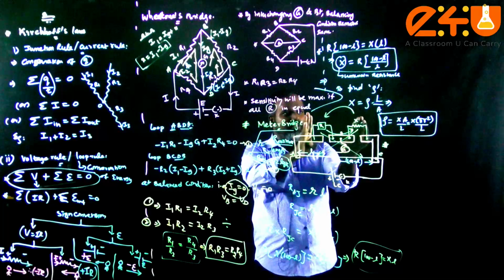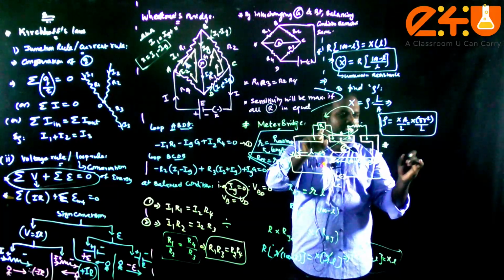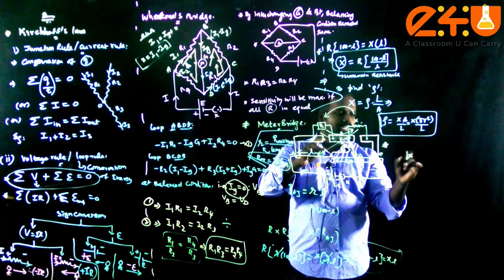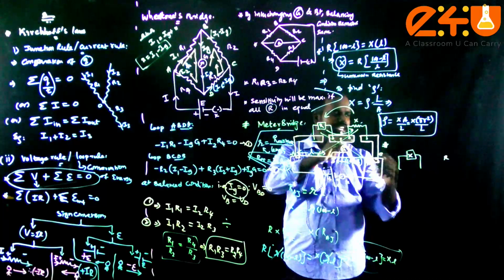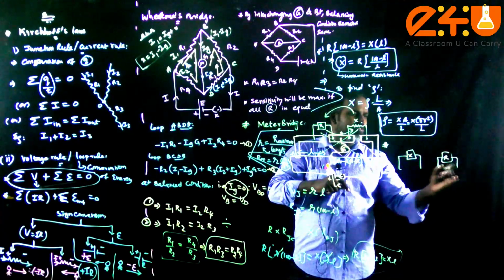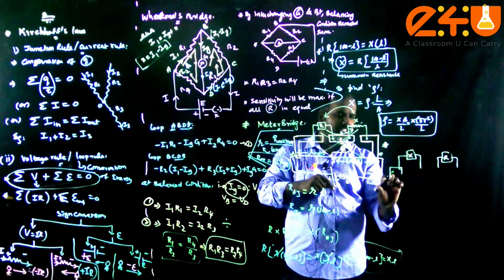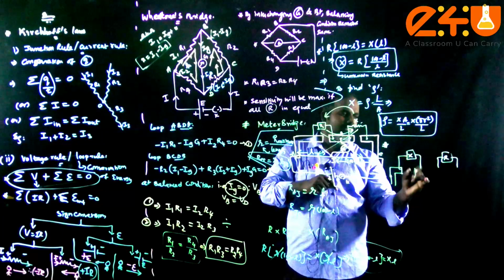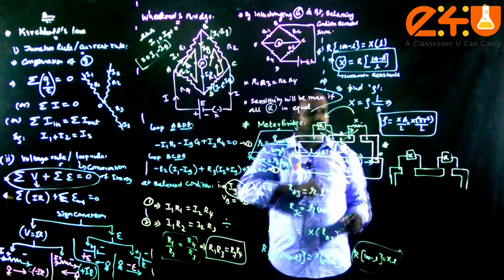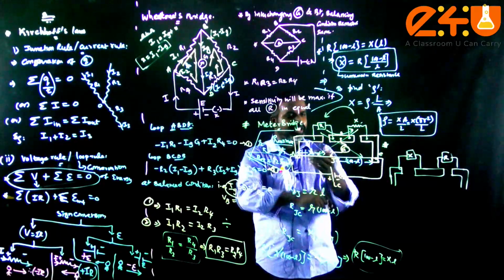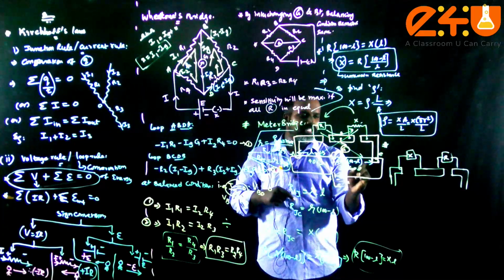Now what I am going to do is replace the positions of X and R. That means suppose X is placed in the left gap and R is placed in the right gap. This is the important thing you must know. By interchanging X and R, the corresponding balancing length also gets interchanged. Say for example, this is 40 centimeter, this is obviously 60 centimeter.